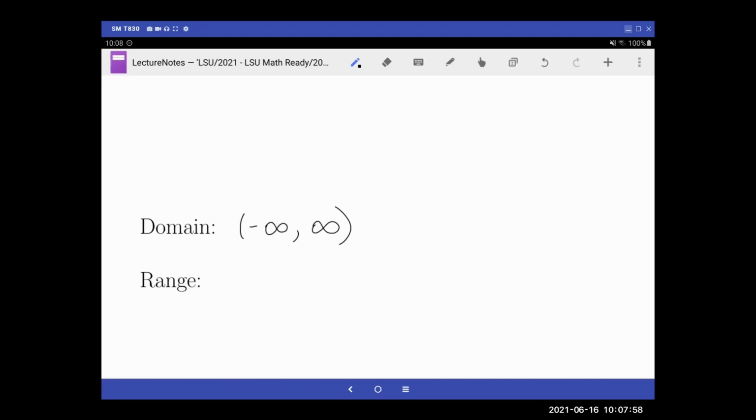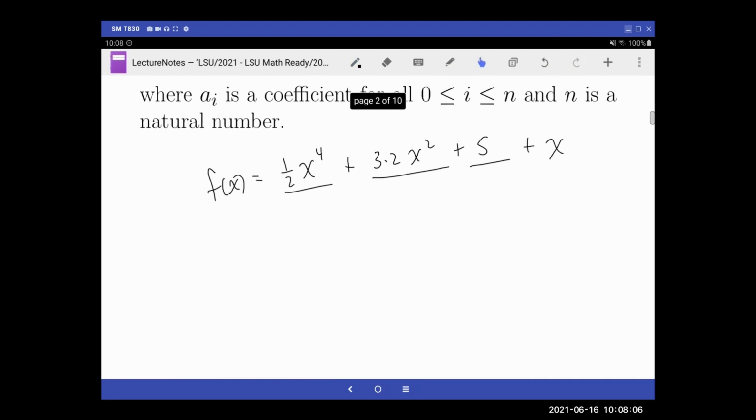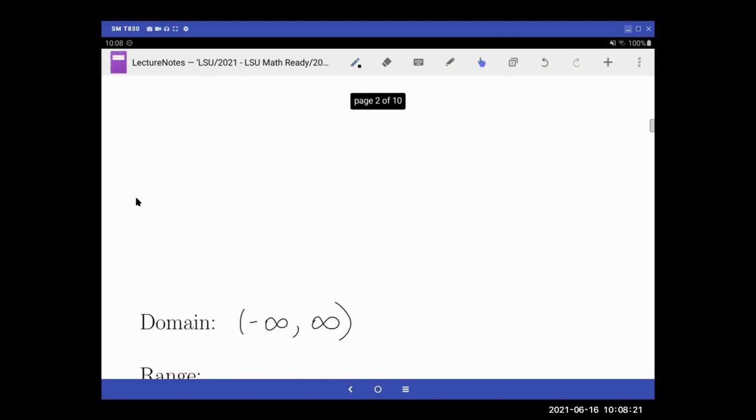Or you have a negative under a square root or a 4th root or something like that. But if you look back at this example here, notice there are no fractions, so there's no x in the denominators anywhere. So there's no potential for dividing by 0, nor are there any radicals, right? So you don't have to worry about that either. Okay, so we should be good there.